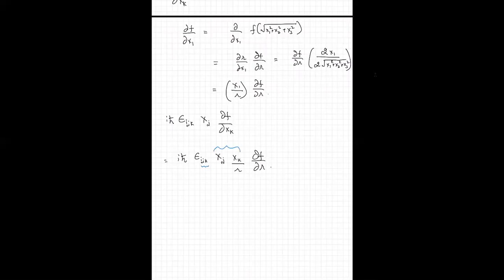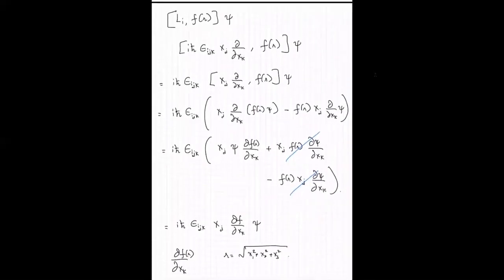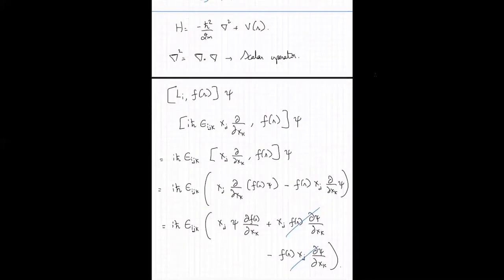A multiplication of a symmetric tensor and an antisymmetric tensor is identically equal to 0. So you can also show that Li commutes with any function that is only a function of the absolute distance.